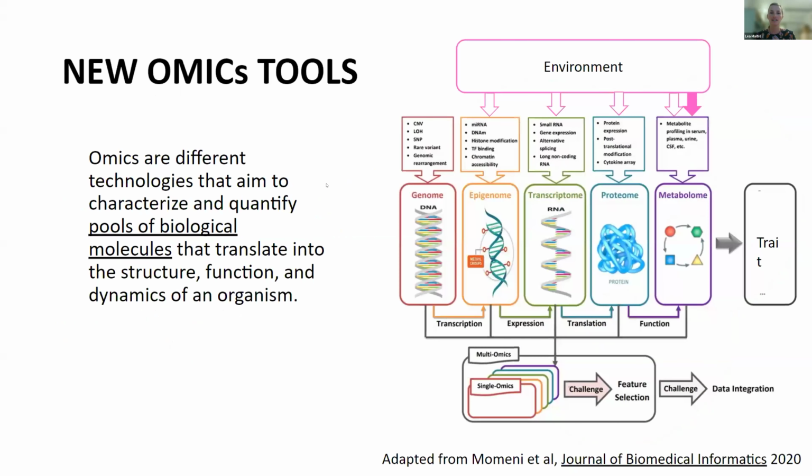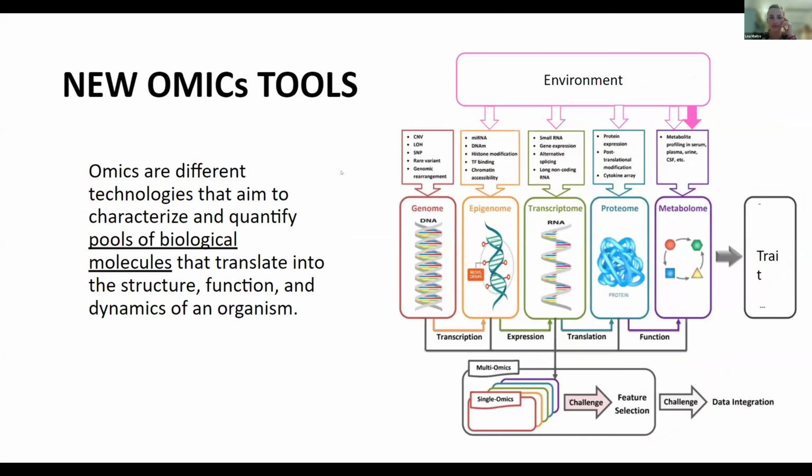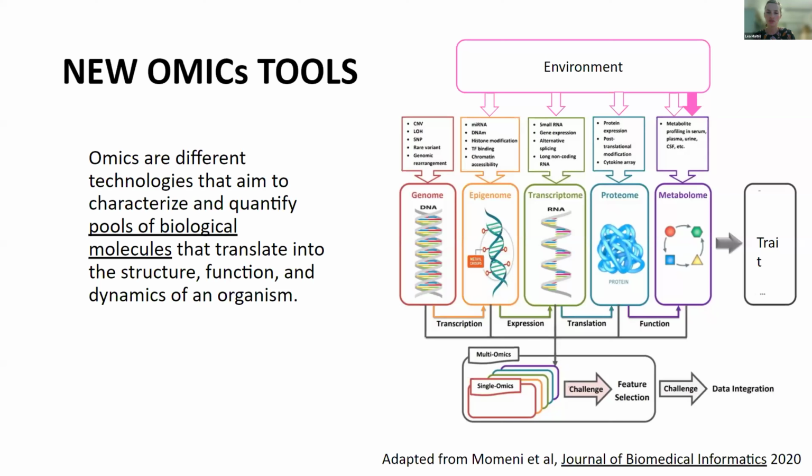Okay, and what do we mean by new omics tools? Here we are thinking of any omics that are post-genomic era. So with the genome, we've been able to sequence the DNA, but now we are also interested in the gene transcription, the epigenetic marks, the proteome, the protein markers, and the metabolome.